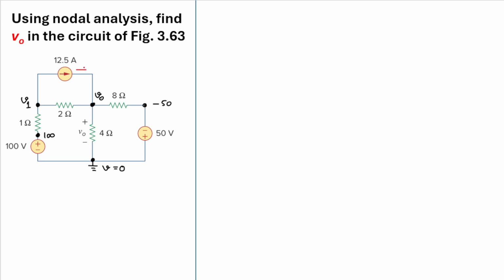That means this branch has the current going up, and this branch has the current going down. For the others, we can assume directions arbitrarily. For the horizontal ones, I usually assume they go to the right, and for the vertical ones, I usually assume they go down.